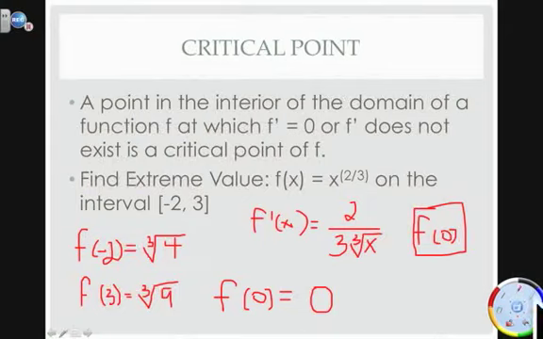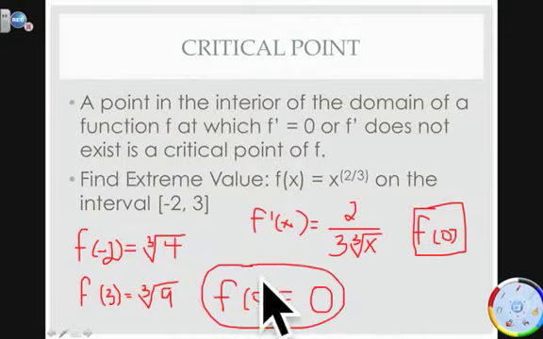And you'll notice here, 0 is the minimum because it's smaller than the cube root of 4 and smaller than the cube root of 9.